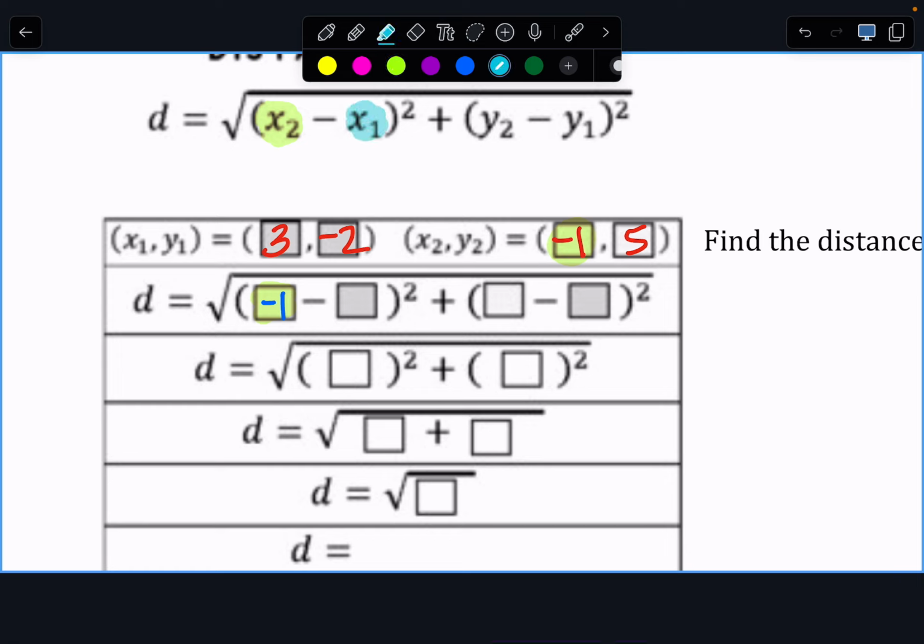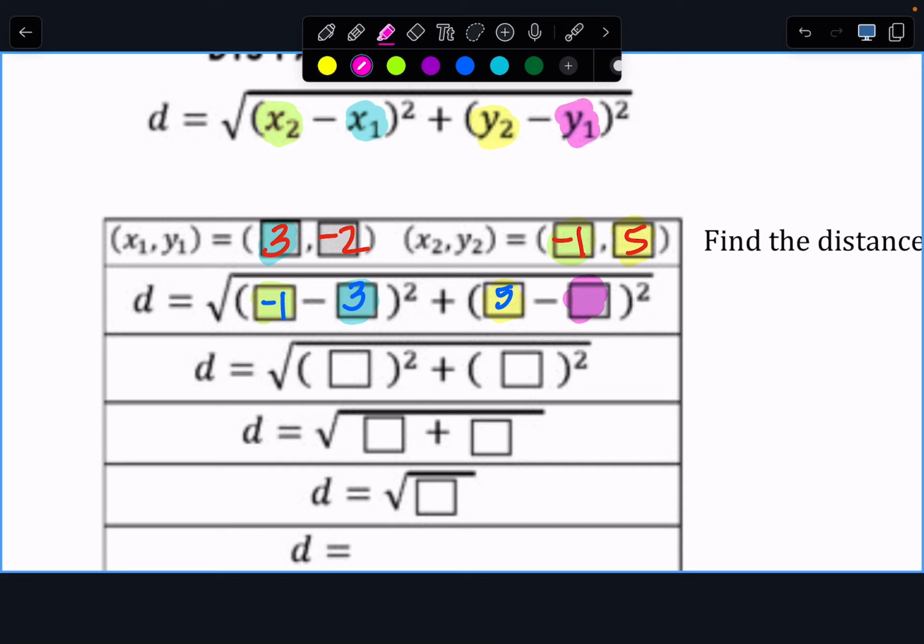This is x1. I need to put it right here. Which number is x1? 3, the first x. Jaden, write this down. Okay, this number right here is y2. It goes here. It's the second y, which is 5. And then y1 goes right here.